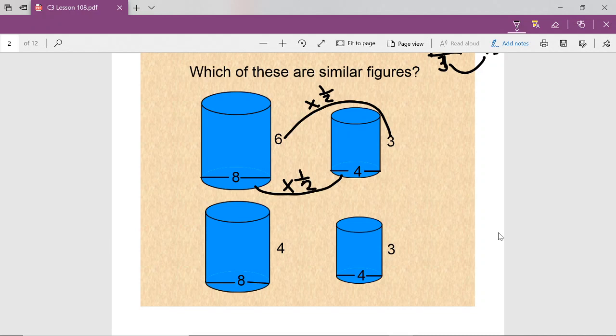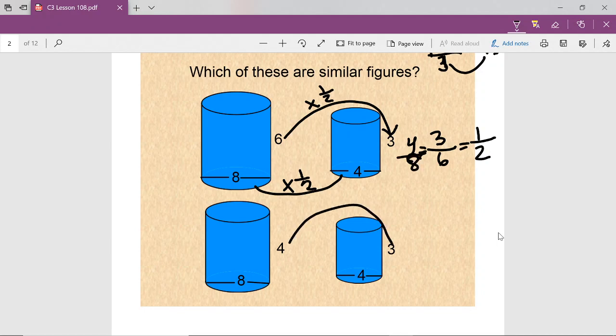Remember, sometimes it's hard to see some of these relationships. This one was easy. But if you get stuck, going from big to small, I can look at this relationship of 3 to 6, giving me 1/2. Same with 4 over 8, which is actually the same. So let's see if it's the same here.